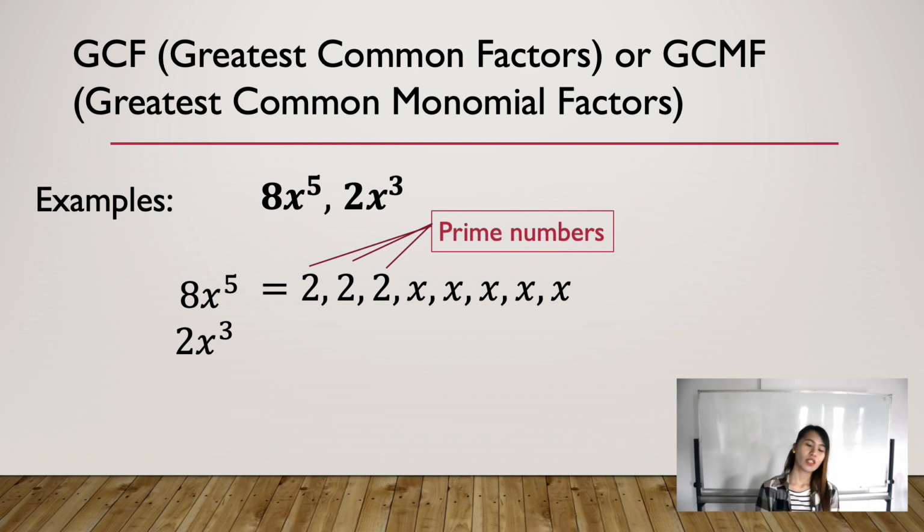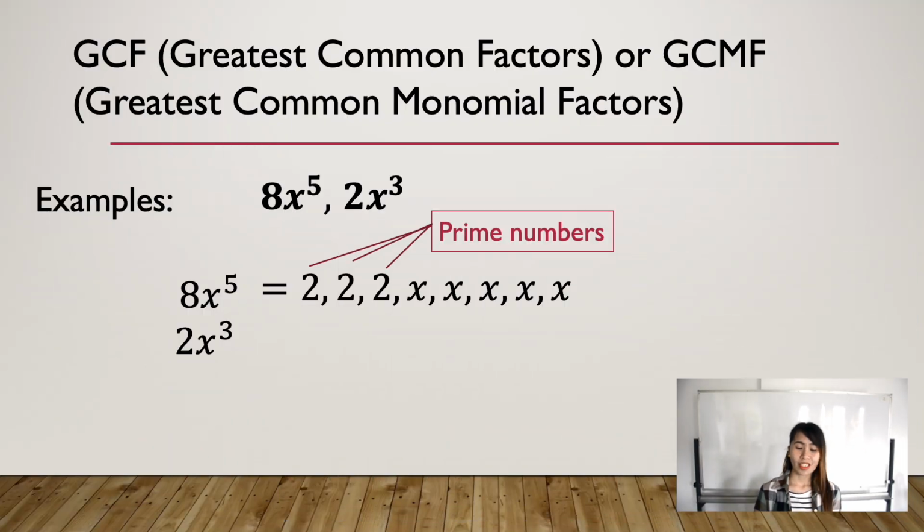So we have 2 and 4. But instead of using 4, we will write it as 2 times 2 times 2. Why? Because all we need to do is to use prime numbers. 4 is not a prime number, so we will use 2.